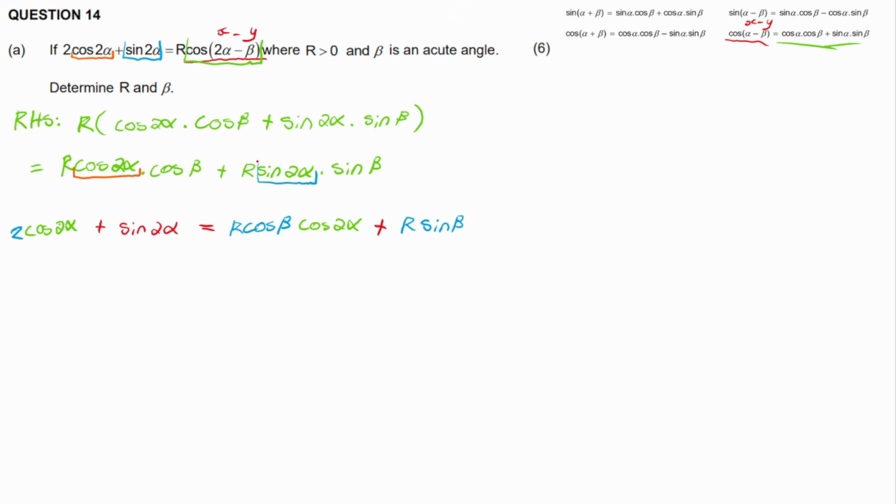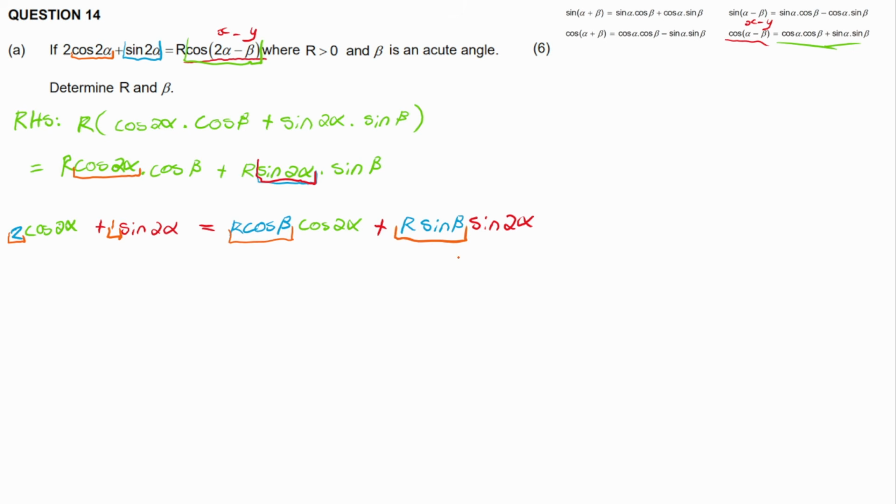So I'm going to try put this sine 2 alpha at the end. Sine 2 alpha. Okay, so what you should notice now is here, this is our coefficient in front of cos 2 alpha. Here, this is our coefficient in front of cos 2 alpha. And here, this is our coefficient in front of sine 2 alpha, which is just a 1.